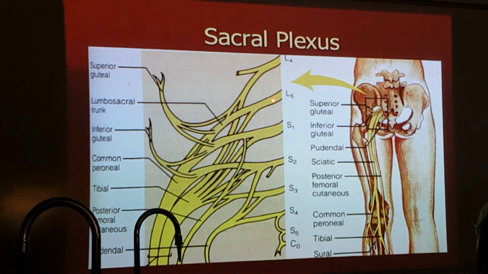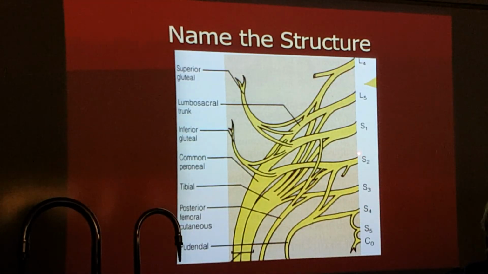And this branch right here, L5, that is a major connection between the lumbar plexus and the sacral plexus, is known as the lumbosacral trunk. That'll be a lab word next time, I think. Largest nerve in the body, sciatic nerve. Okay. So, sacral plexus.